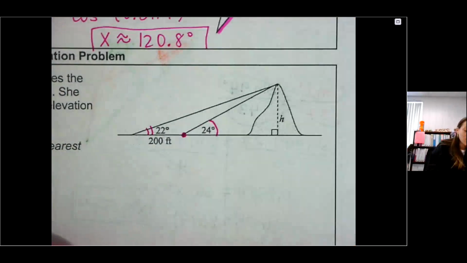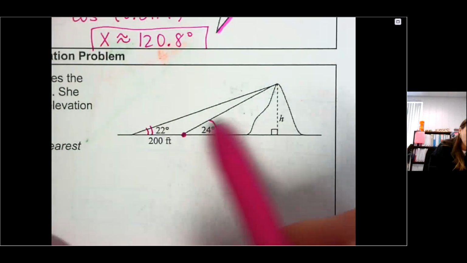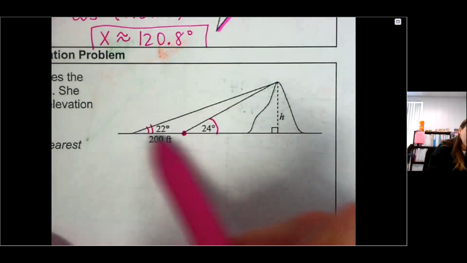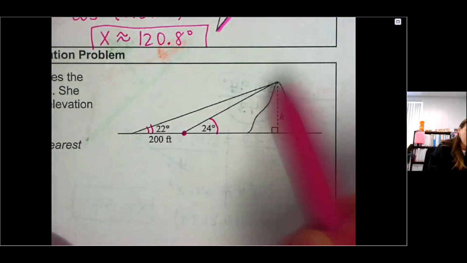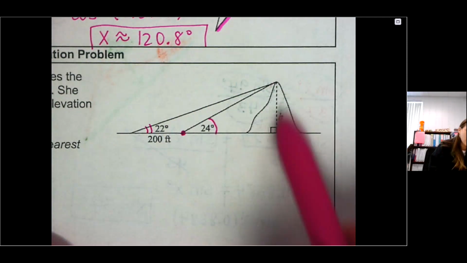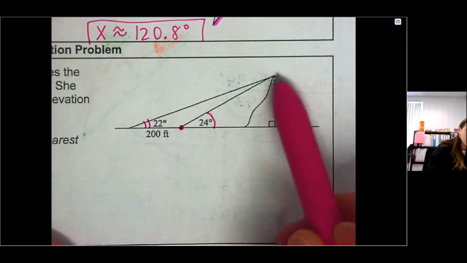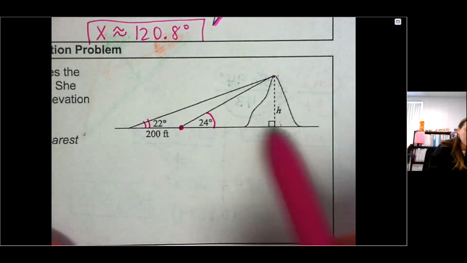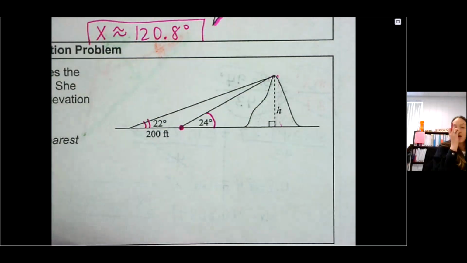Well, really three. You've got this smaller triangle over here on the left, which is definitely not a right triangle. You've got the right triangle on the right side, and then you've got the really big triangle kind of encompassing everything here. So what we're going to do is we're going to look at them as individual triangles.